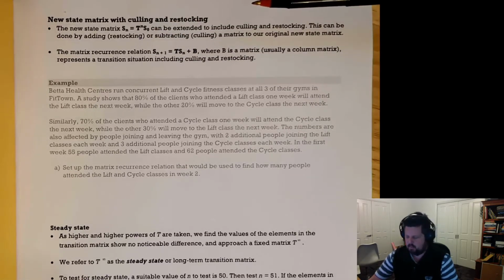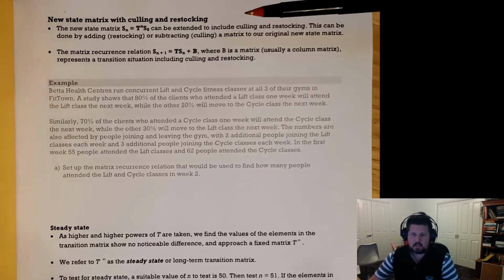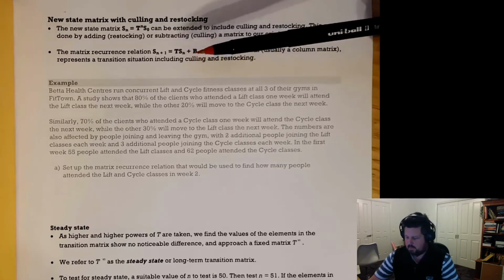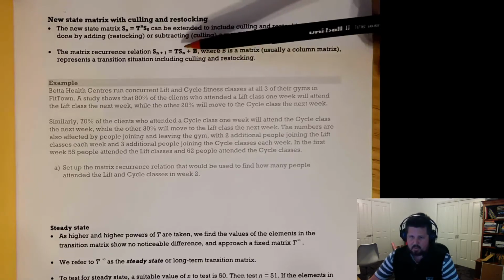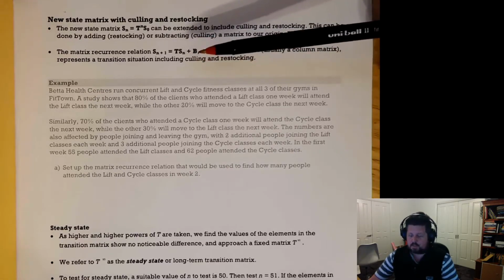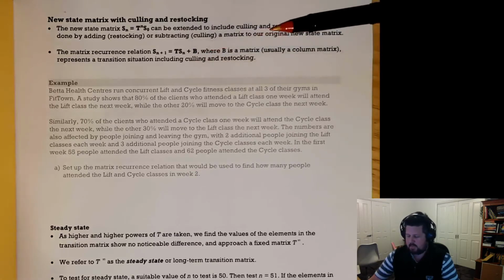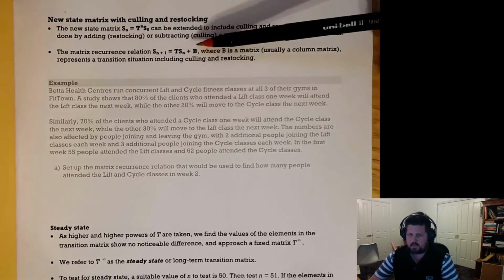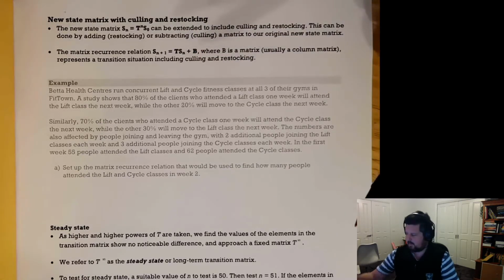And so what will happen is you'll get a recursion relationship where the state n plus 1 matrix, so the next state matrix, is going to be equal to the transition matrix multiplied by state matrix n, plus B. Now this adding on here will be a matrix. It's usually a column matrix, and that's going to be what represents either the culling or restocking. So this matrix on the end here, matrix B, will be able to determine that.